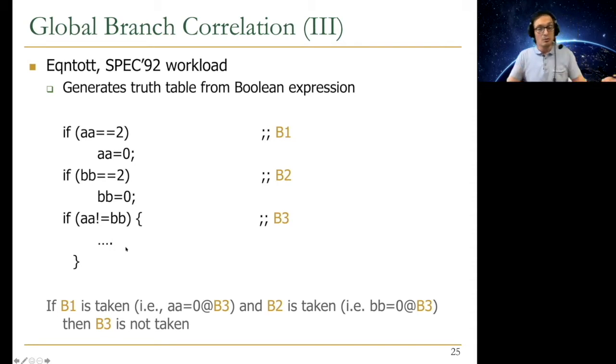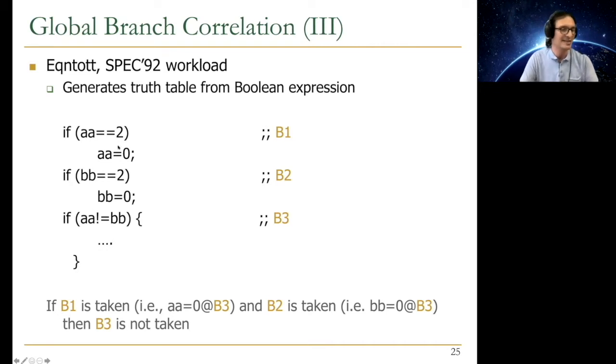So the machines that did not exploit this correlation did not do well. But global branch predictors got built, and this benchmark did not become interesting anymore. Because basically, without global branch predictors, this last branch was very, very hard to predict. But with global branch predictors, this last branch became very reasonably easy to predict, let's say. Basically, if B1 is taken and B2 is taken, then B3 is not taken.